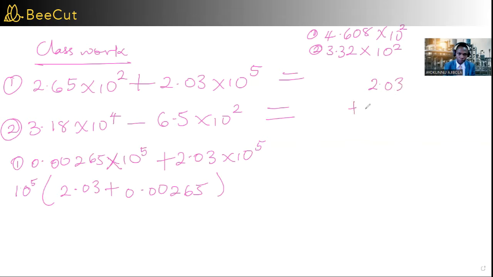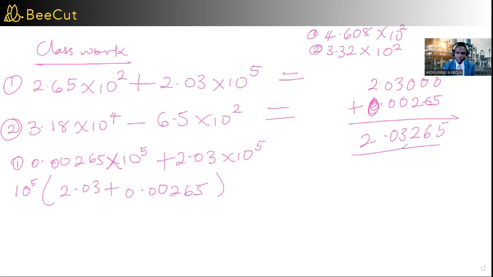2.03 plus 0.00265. So adding this, that means there are some zeros at the top of this. So this is 5 plus 0 is 5, 0 plus 6 is 6, 0 plus 2 is 2, then this is 3, this is 0, 5, this is 2, this is 0.